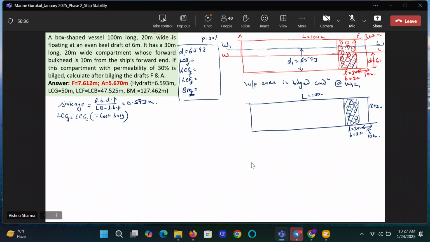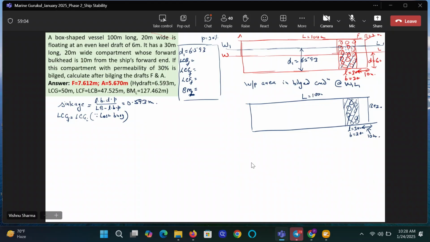Lost buoyancy method, LCG is the same. My question is, do you see any relation? Somebody is still saying LCG is same. My question is not heard. My question is, do you see any relationship between LCB in the intact condition and LCG in the intact condition? That was the question.